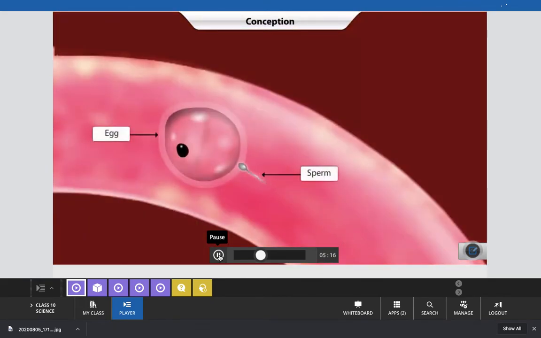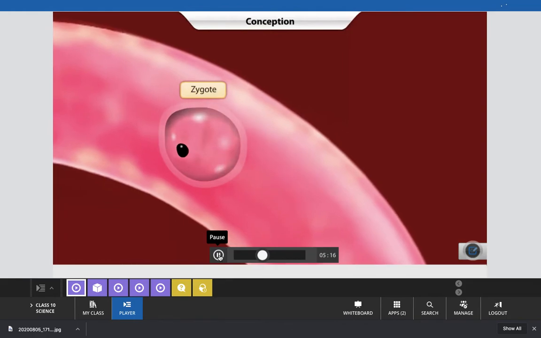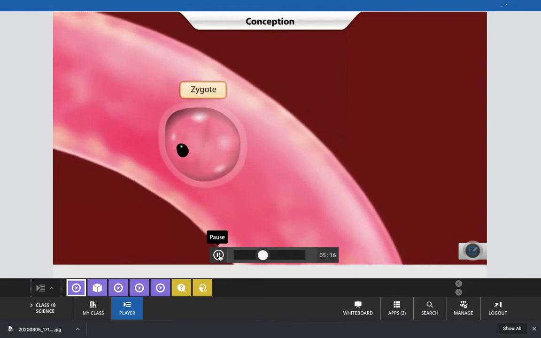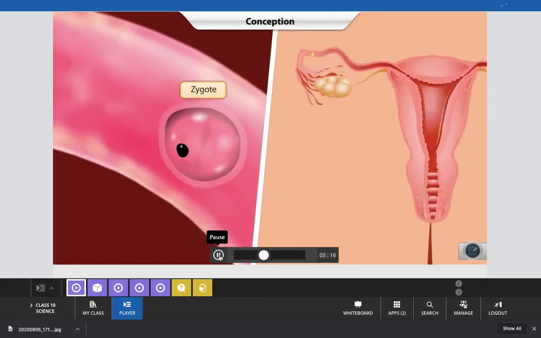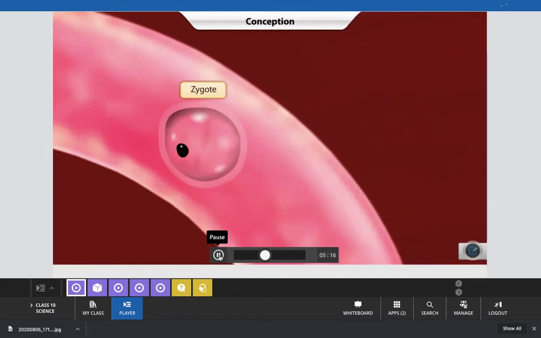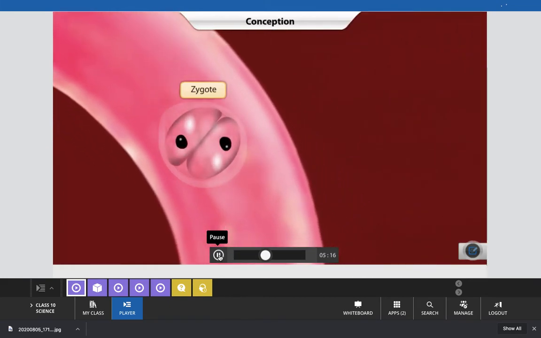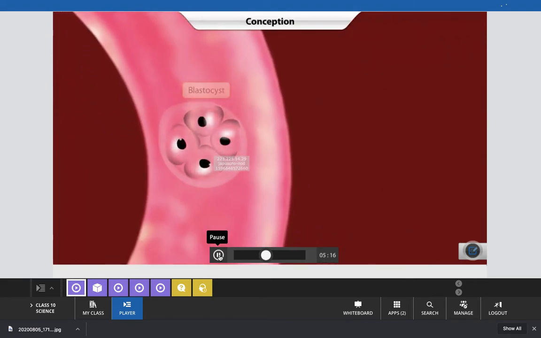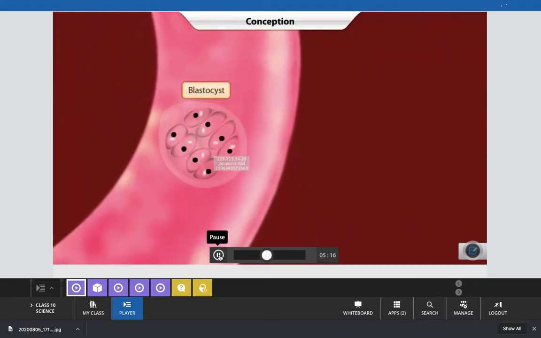When a sperm cell meets and fuses with an ovum or egg cell, the resulting zygote continues the journey through the tube to the uterus. The uterine wall thickens to receive the zygote. As the zygote travels, it starts dividing and forms a mass of cells called blastocyst.